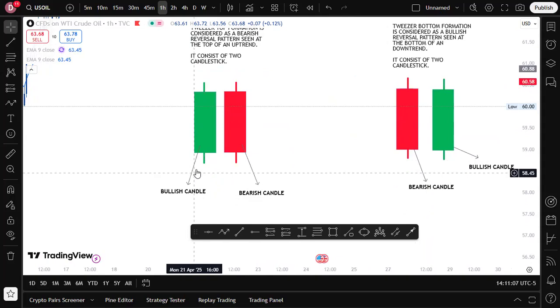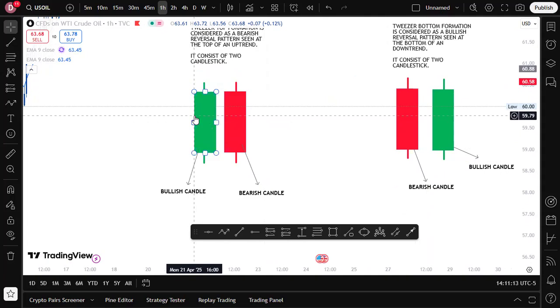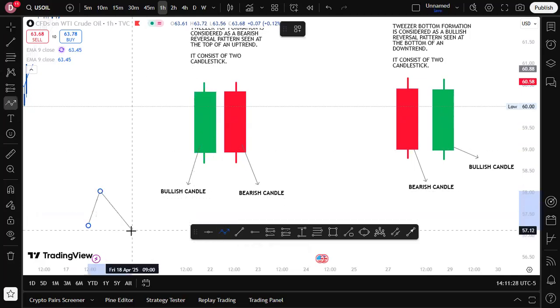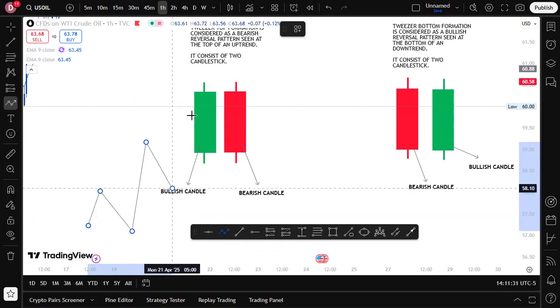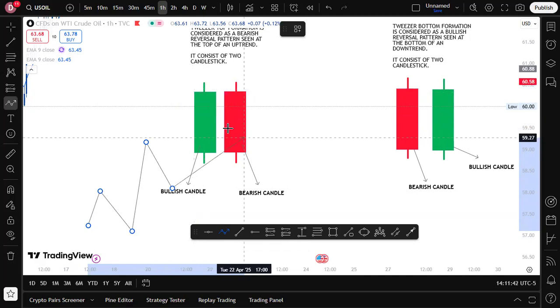Buyers pushed the price up, and then this tweezer top occurs at the top of the uptrend. It gives the impression that the market is still going up because of this first bullish candle, which represents that there are still buyers in the market, able to push the price up. But surprisingly, sellers step into the market and push the price lower, creating this bearish candle, meaning the price is about to reverse to the downside.